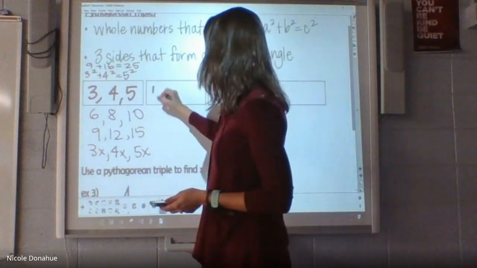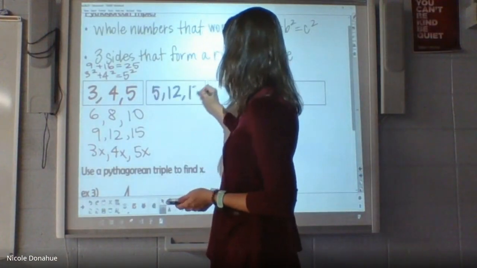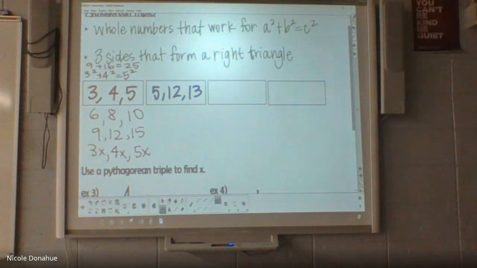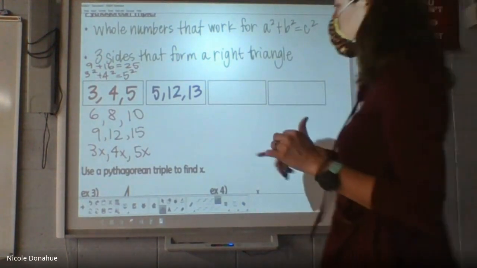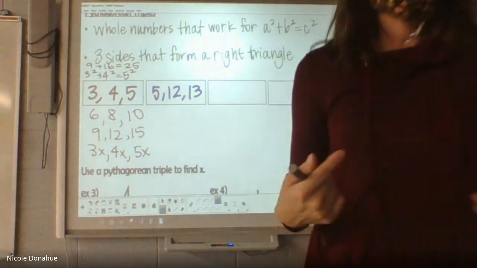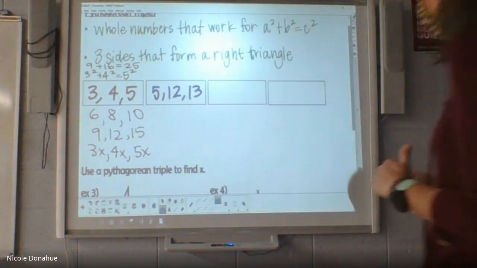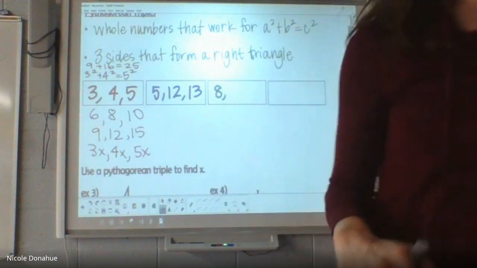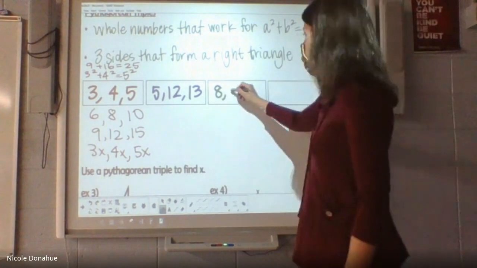So 5, 12, 13 is another one, and I'm holding this because I'm afraid I'd forget some of them. Same idea, you can double those, so like 10, 24, 26 would also work. Another one is 8, 15, 17.